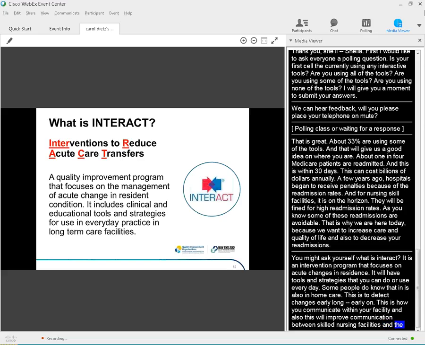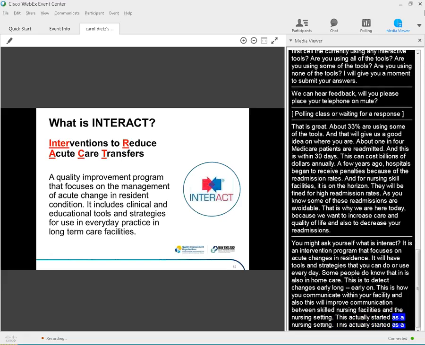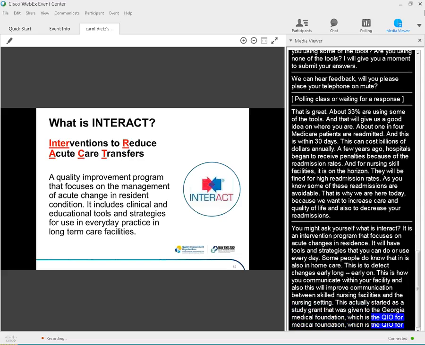Interact actually started as a special study grant that was given to the Georgia Medical Foundation, which was the QIO for Georgia, back in July of 2006. CMS wanted them to look at why a lot of the nursing homes in Georgia had such high admission rates.